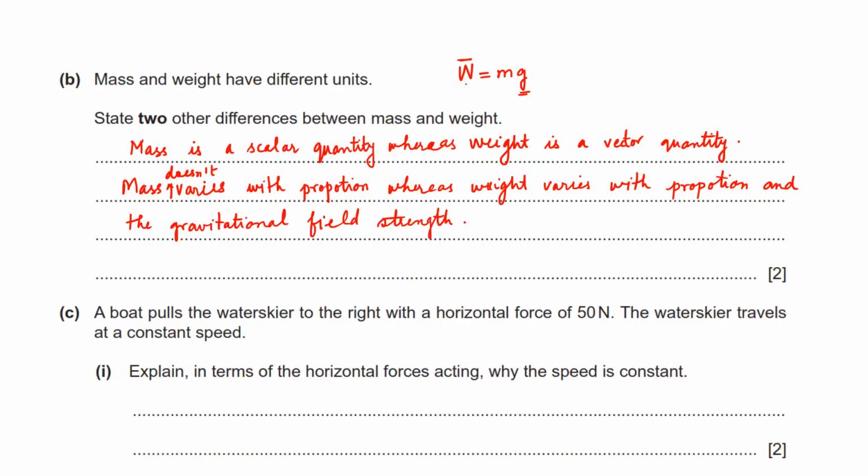So moving ahead, part C, it says a boat pulls a water skier to right with a horizontal force of 50 Newton. The water skier travels at constant speed. So part 1 is explain in terms of horizontal forces acting why the speed is constant.